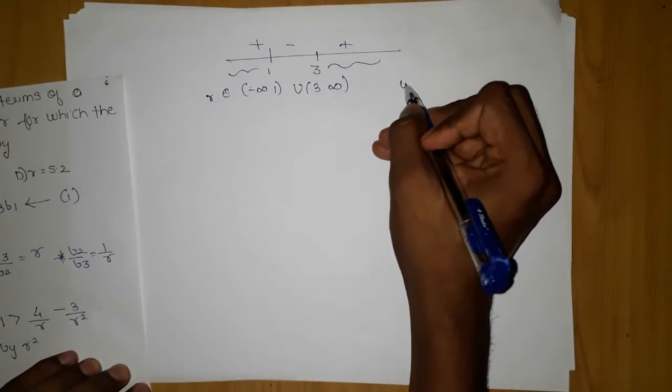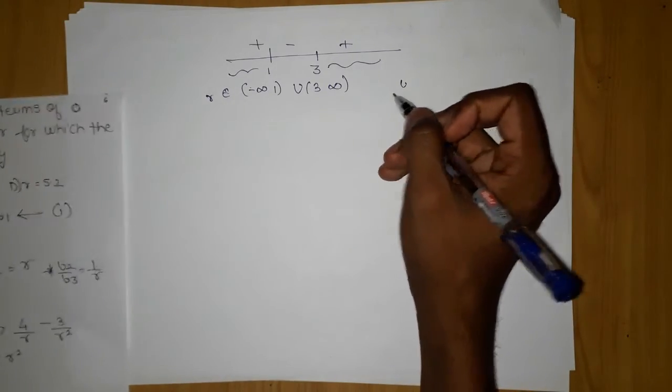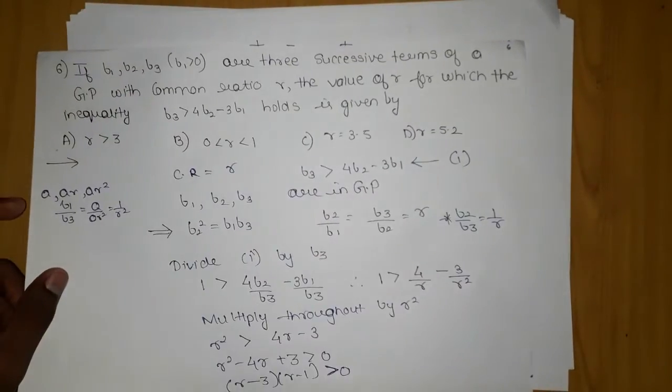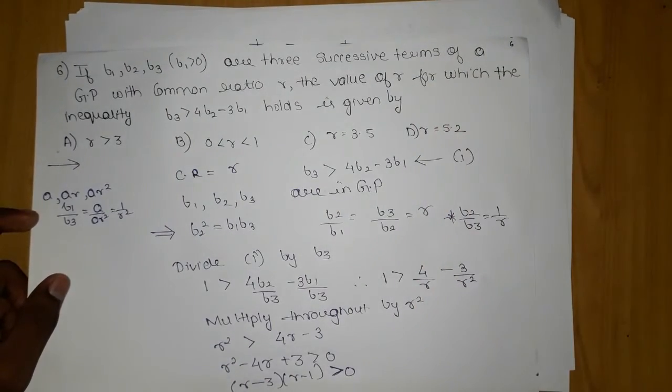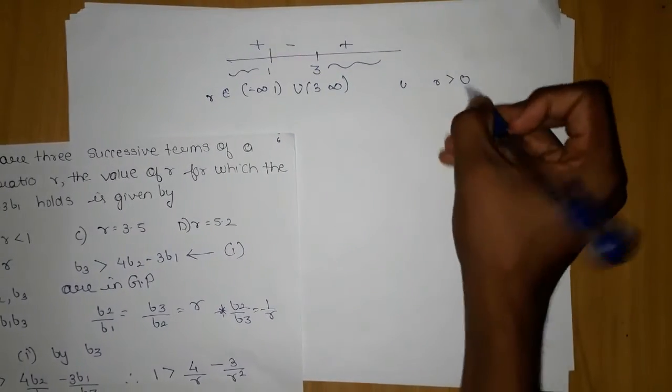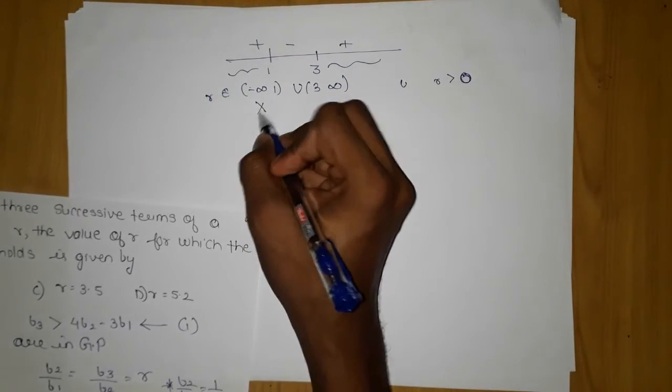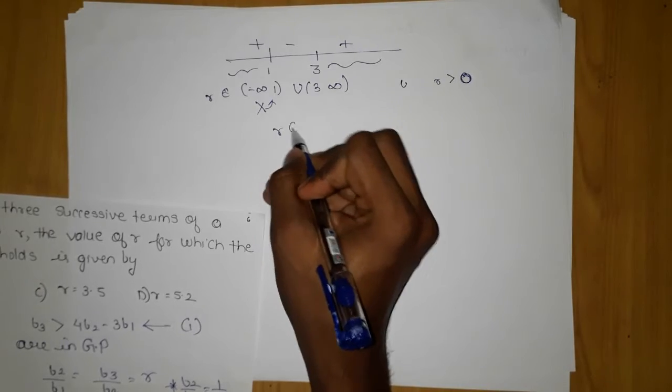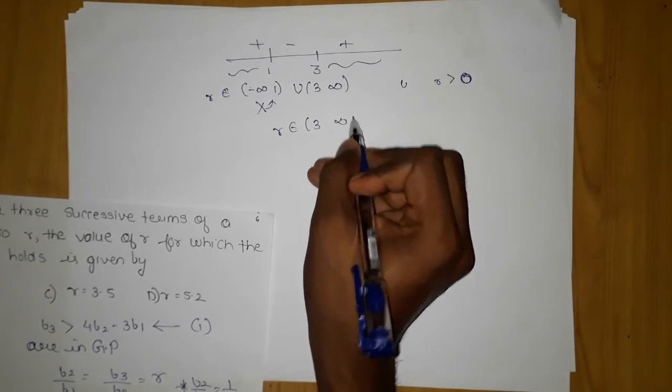But wait a minute, if you observe, b1 is positive and they are successive terms. If this is positive, the next term will be positive, and if that is so, then r will be greater than 0. If r is greater than 0, we will neglect this one. Our r will belong to 3 to infinity.